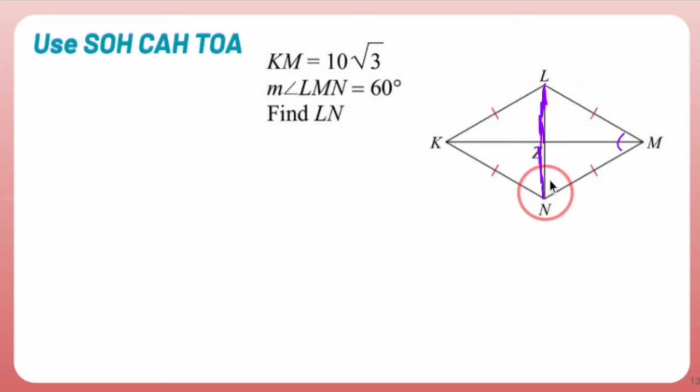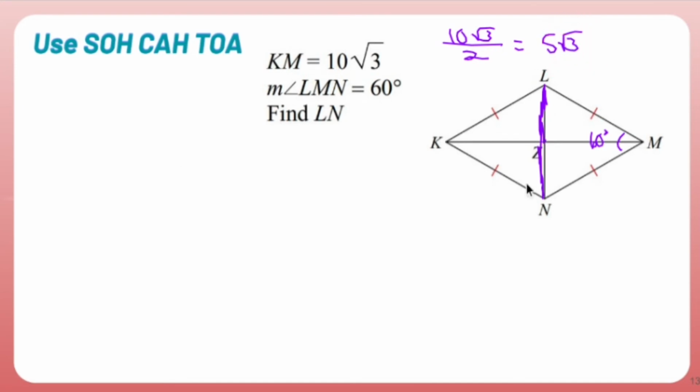Okay. So I'm going to use the fact that this whole thing is 60 degrees. This whole thing is 10 root 3, but I only want this part of the triangle, which is half of that. So half of 10 root 3 is 5 root 3.